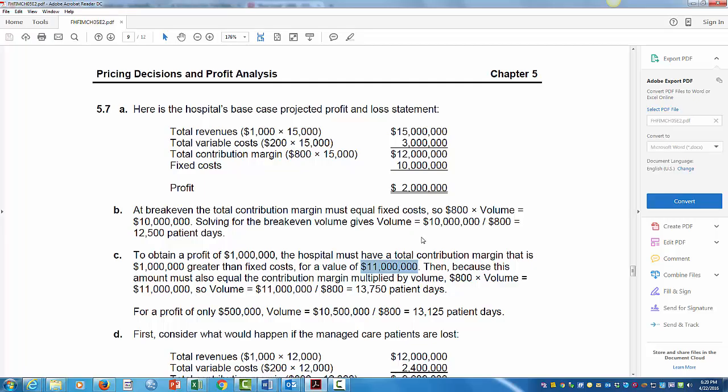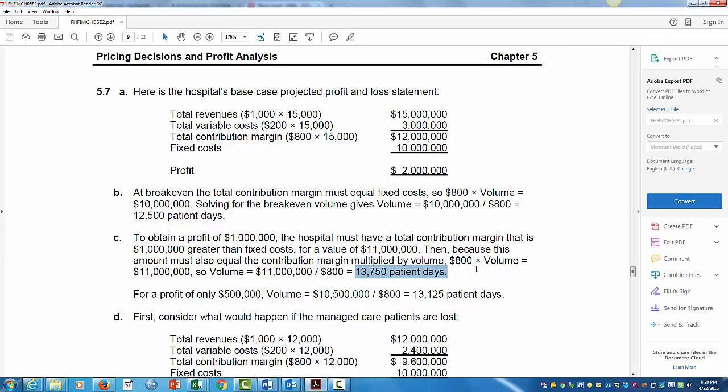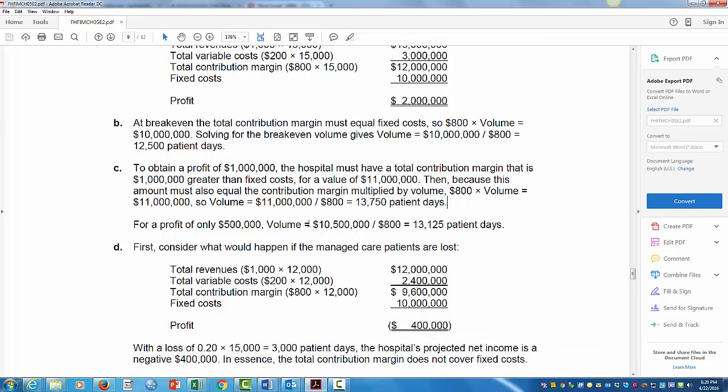We'll divide that into the contribution margin per unit of 800, and with that additional profit of $1 million, we'll have to get 13,750 patient days.